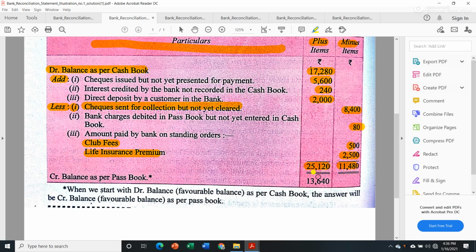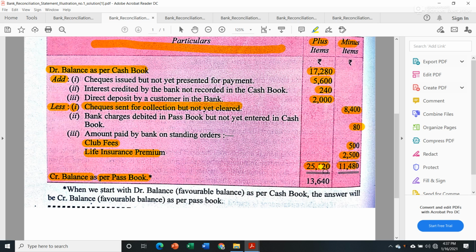Now since we can see that the plus amount is more than the minus items, it will show the opposite of this debit balance as per cash book. So opposite is nothing but credit balance as per passbook. Remember, this will happen only when we have plus amount more than minus item.